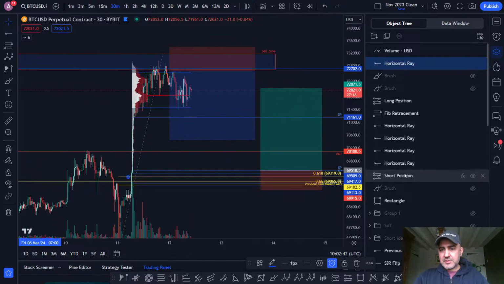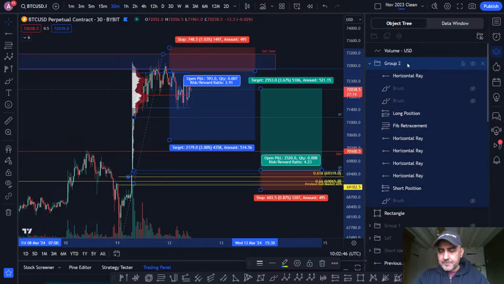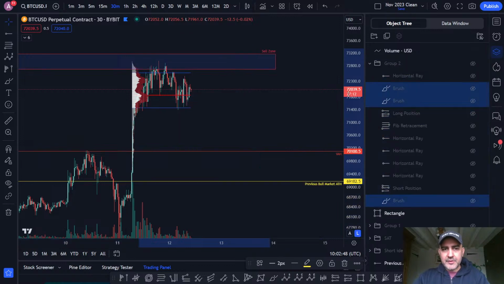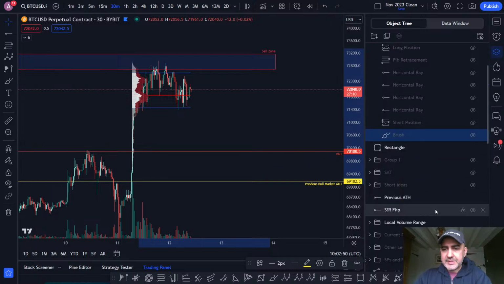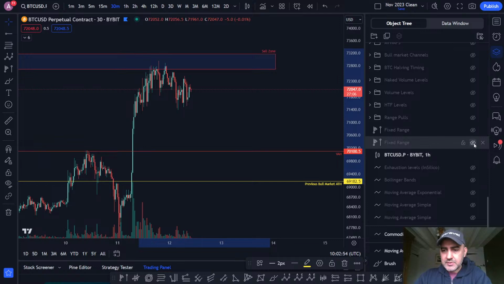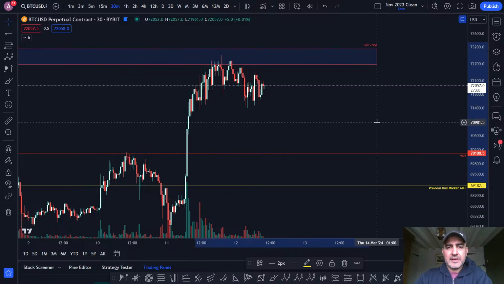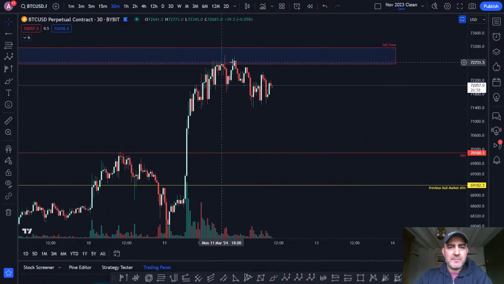Should have just put this all in the group. I'll just hide that there. All right. Where's my fixed range? Okay, so what do you see in this formation of candles? It's easy, right? Everyone can see what I can see.